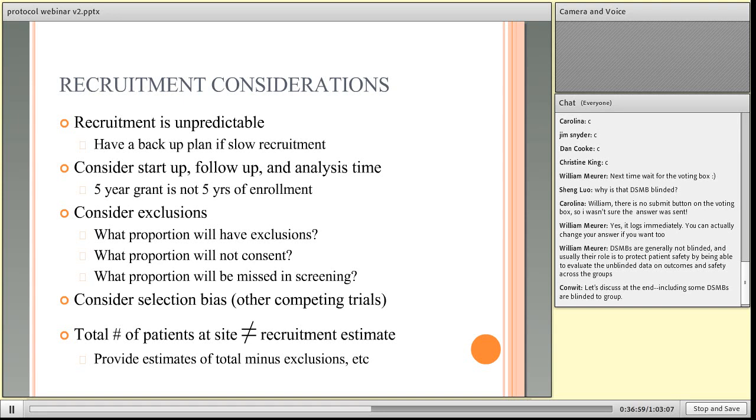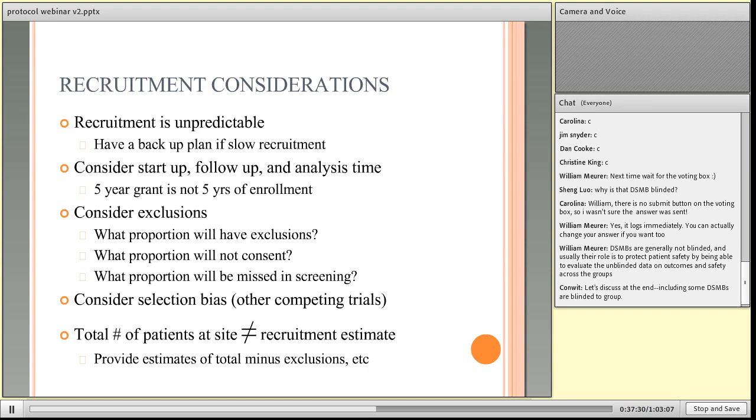So if you have a 5-year grant and you go in and say, I am going to recruit patients for 5 years in this 5-year grant, you are not going to get the grant, because the people reviewing it know that it takes time to get ready. We generally think 6 to 12 months, depending on how complex your trial is, but at least 6 months of what's called startup to get your sites ready, to get your IRB done, all your regulatory issues, to get people trained, and to get your intervention prepared, whatever it is.